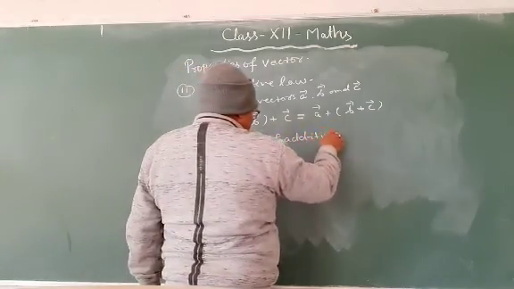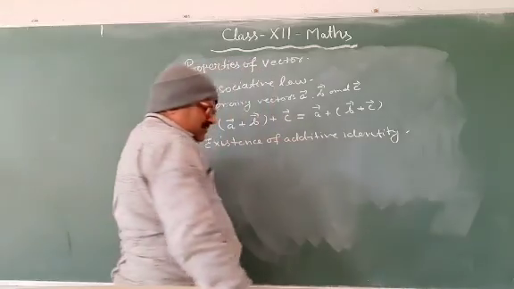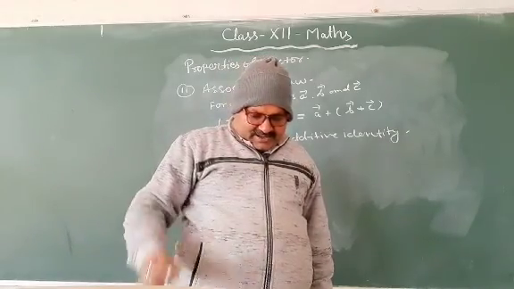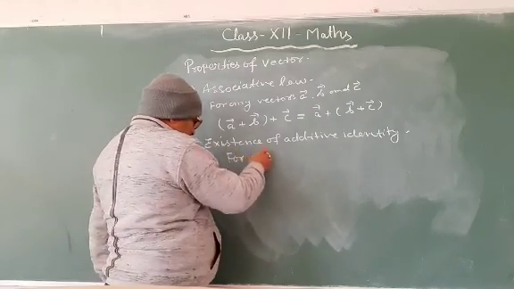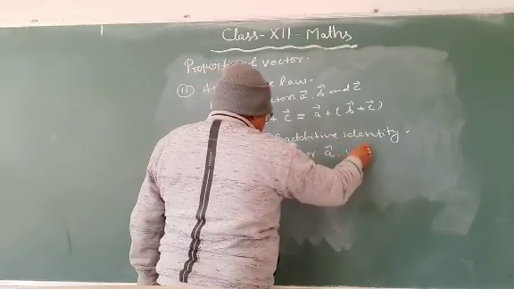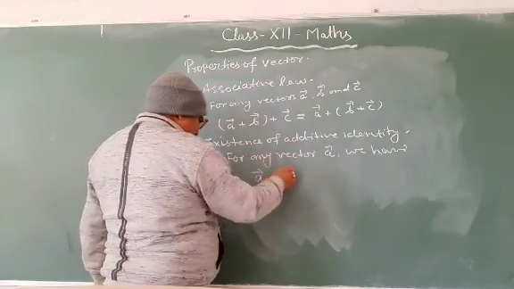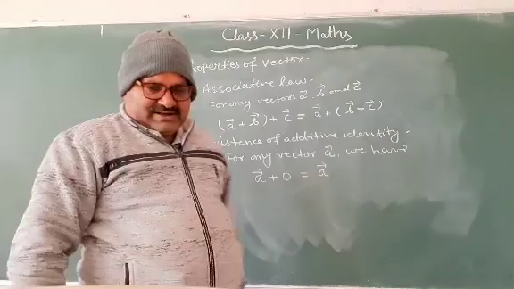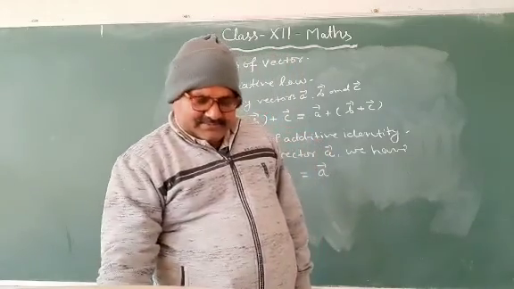For any vector A, we have vector A plus 0 equal to vector A.